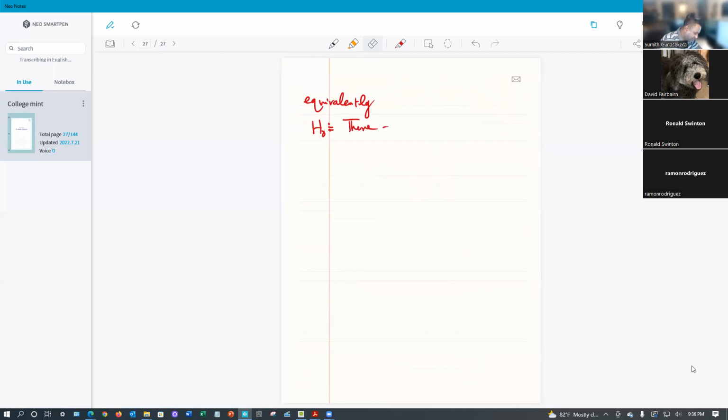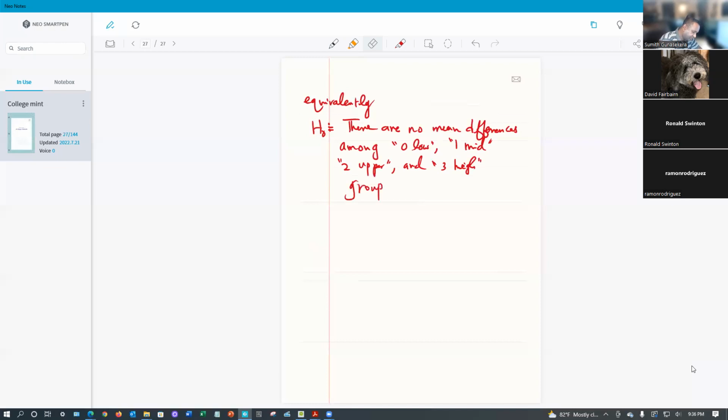See, there are no mean differences among this one 0, which is low, 1, which is mid, 2, which is upper, and 3, which is high, groups when they are simultaneously compared on mental and BMI. That's if you want to write in plain English.